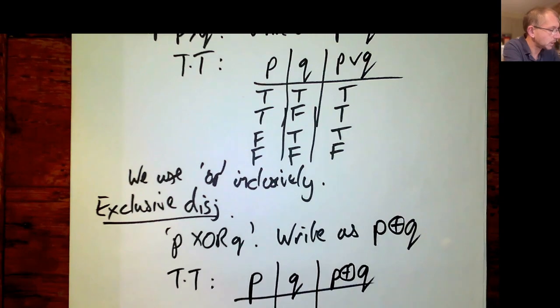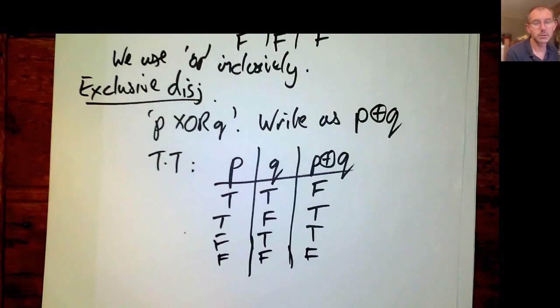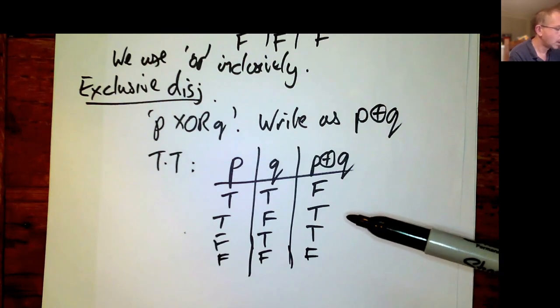So let's have a look at that. I've just said if they're both true, then it's false. If one of them is true, it's true. Exactly one of them is true, it's true. But if both of them are true, it is false. So there is an example of that.